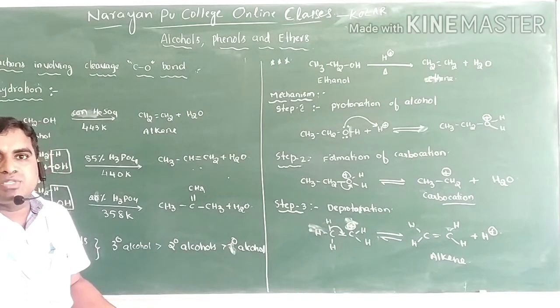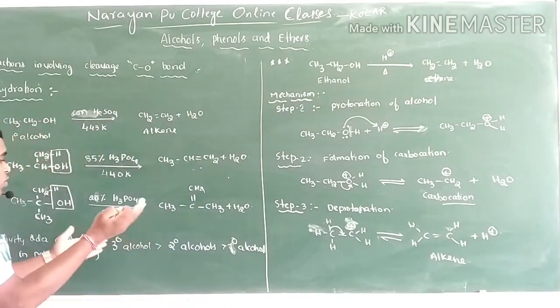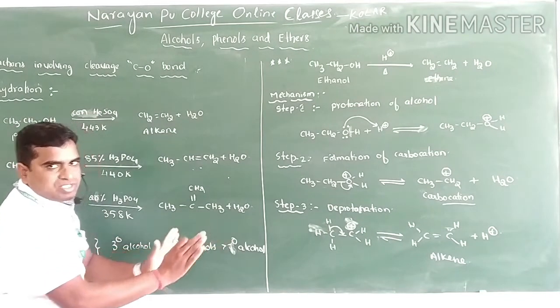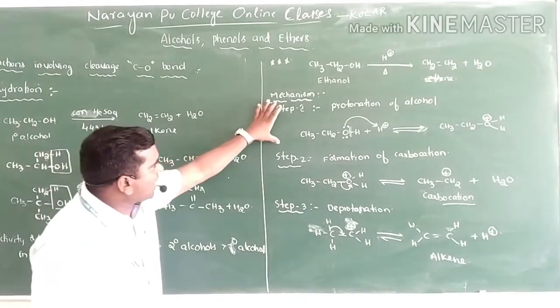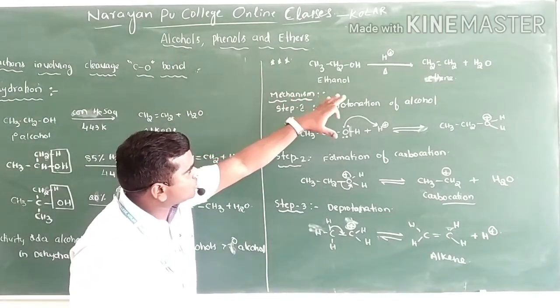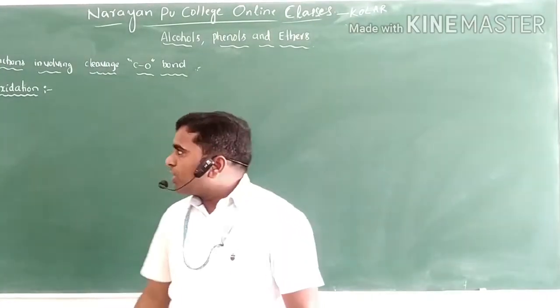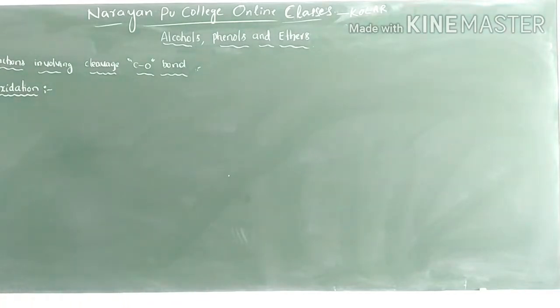Which carbocation is more stable? You already know the tertiary carbocation is more stable, so tertiary alcohols undergo the dehydration reaction very fast. Very important for the PU examination, we have to practice this mechanism, conversion of alcohols to alkene, and ethanol to ether. Dehydration of alcohols we have already completed.